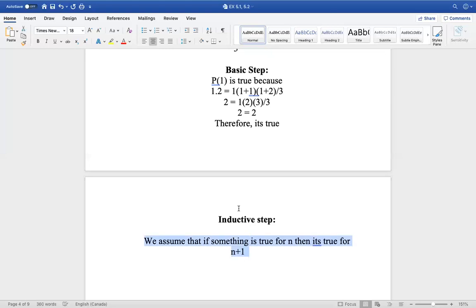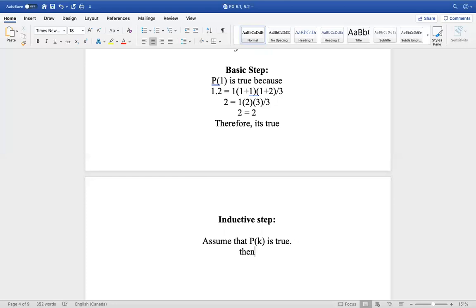This is what we basically prove in the inductive step. So we assume that P(k) is true. That's why we don't use n here, instead we use k here.